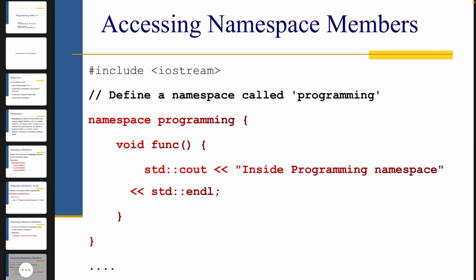With this one we don't have using namespace std, so we are creating our own namespace. So use std::cout inside the program namespace, then you end the line with std::endl.